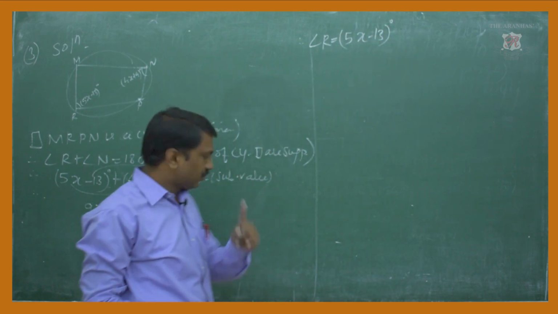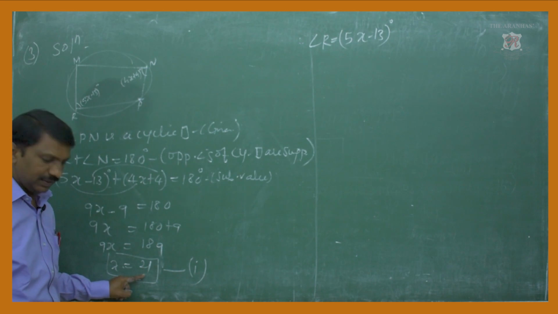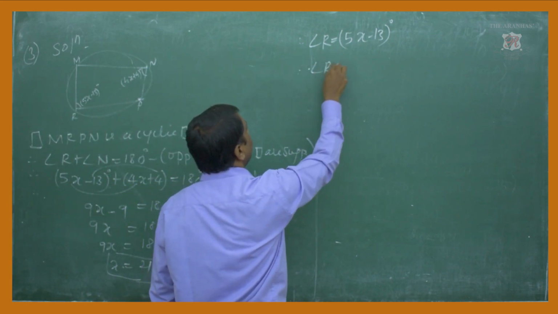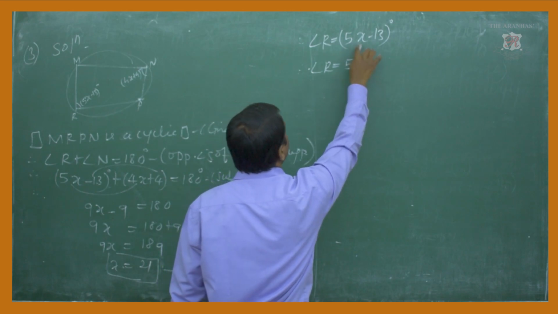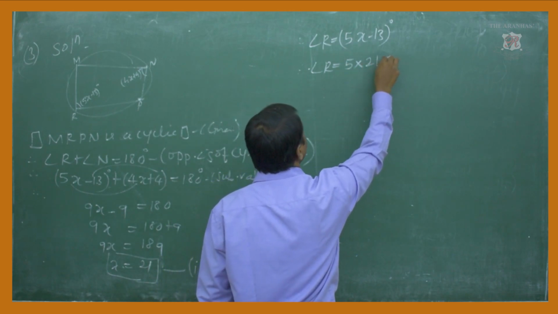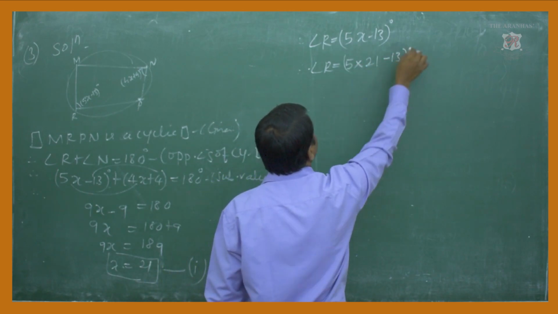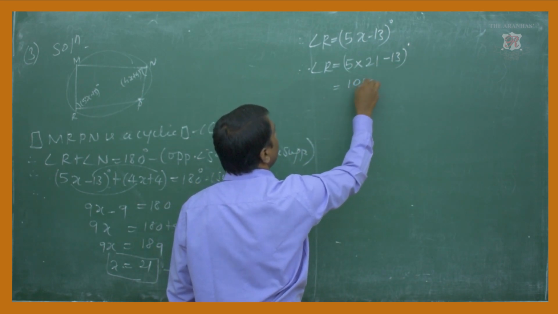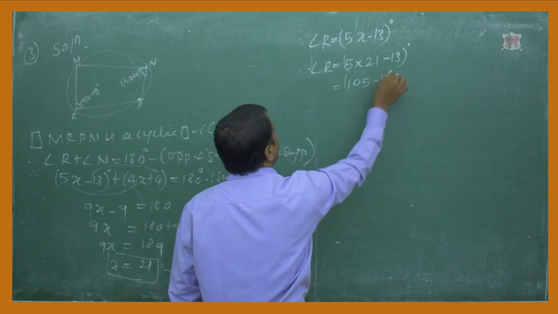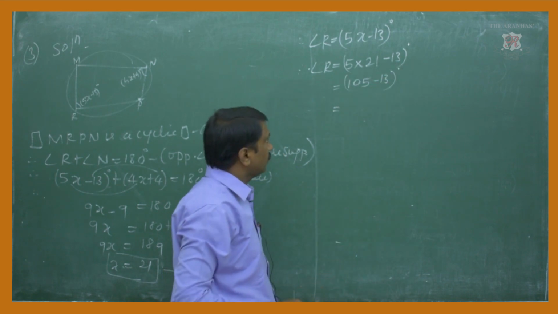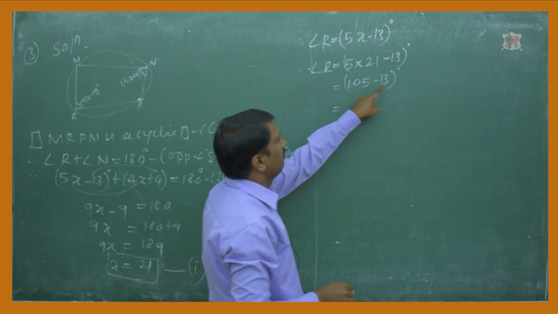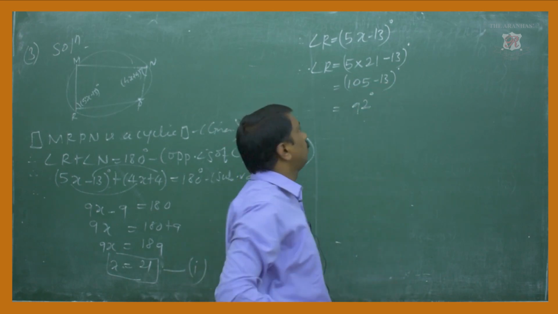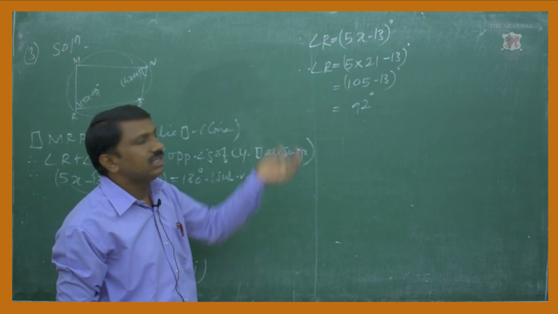The value of x we got is 21, so we substitute it: angle R equals 5 into 21 minus 13 degrees. 5 ones are 5, 5 twos are 10, so 105 minus 13. That gives 92 degrees. Angle R is 92.